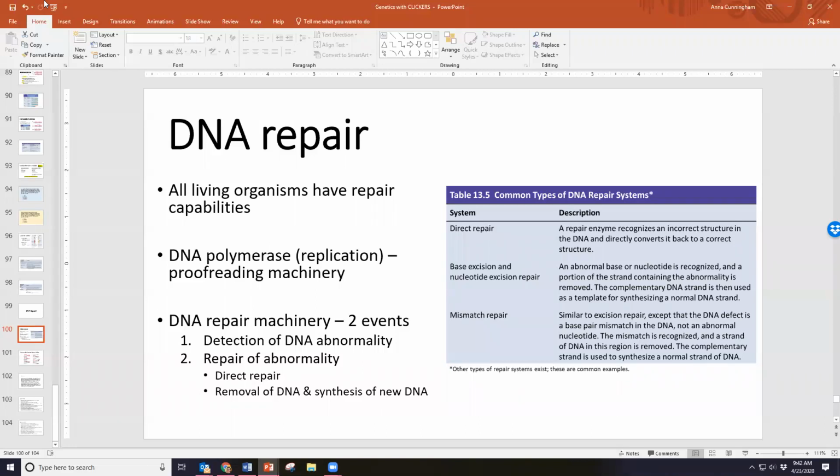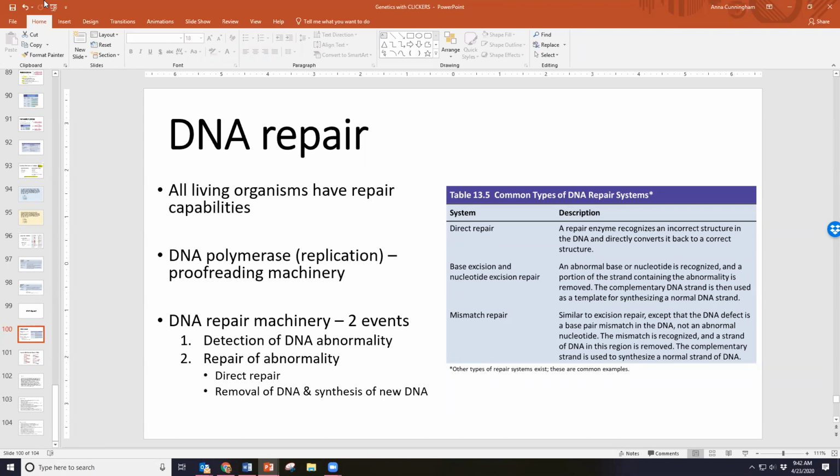So for example, if a nucleotide was inserted and causing a frameshift mutation, it will remove that and not insert another nucleotide, and that'll make the reading frame correct. But if it was a substitution, it'll remove the wrong nucleotide and insert the correct one. And it uses a complementary strand of DNA to say, is this right or wrong?